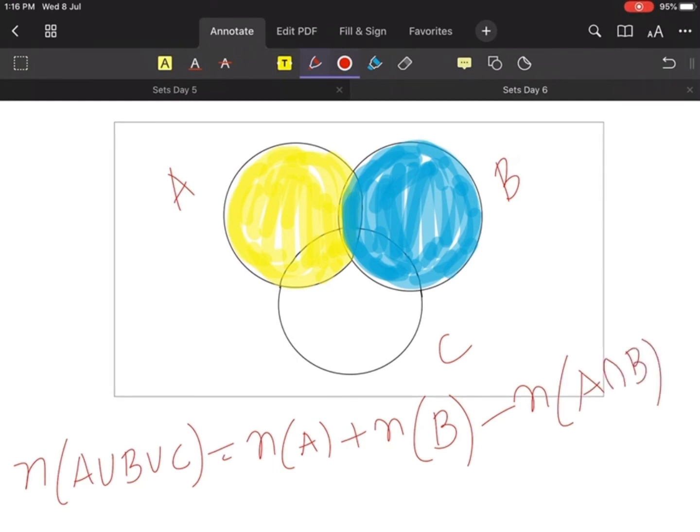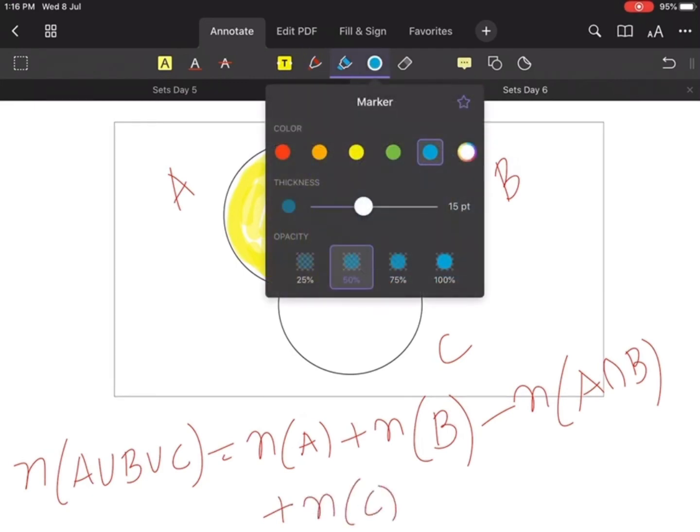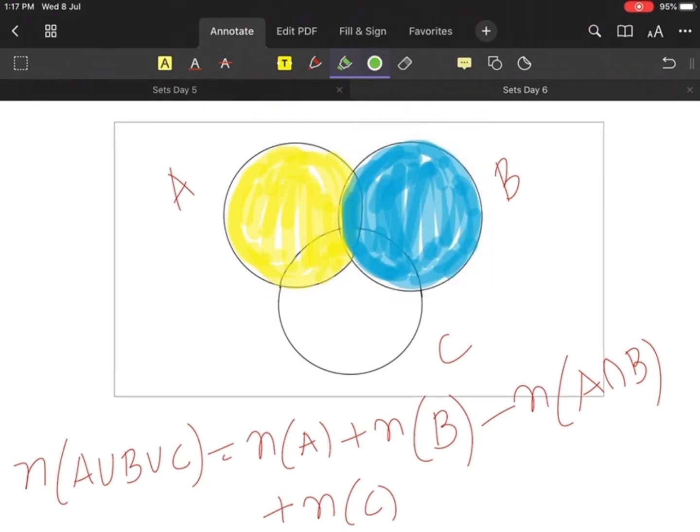That is common, right? Now I will take N of C, so let's write plus N of C. When I take N of C, can you tell me which region I have taken twice? Look at it carefully. I have taken the common between A and C twice.